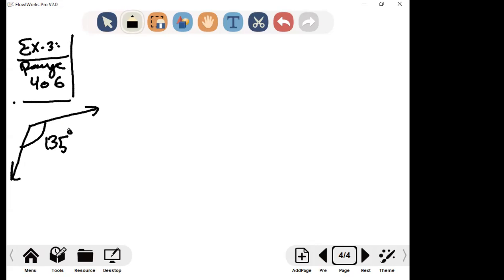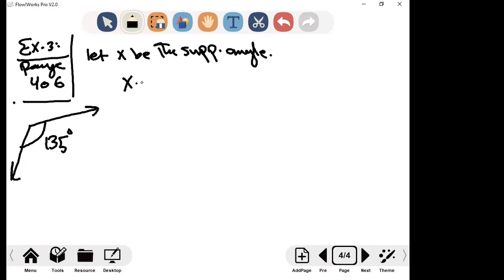No. So here I need to form an equation. Let x be the supplementary angle. Now, x plus 135 should be equal to what? To 180.